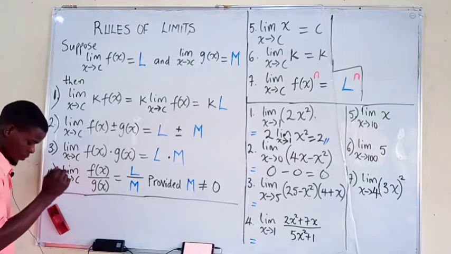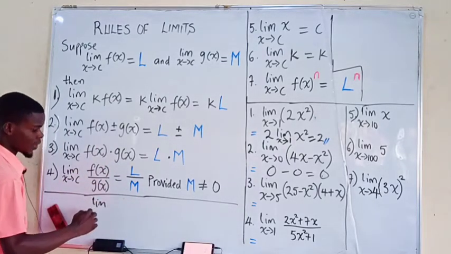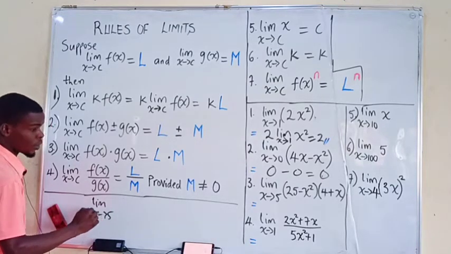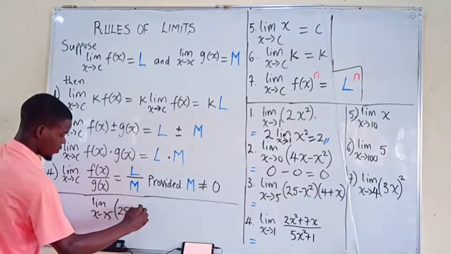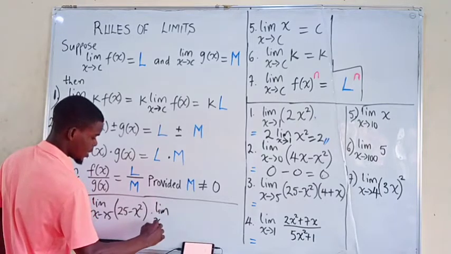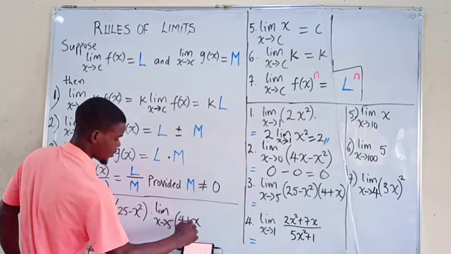The limit as x tends to 5 of 25 minus x squared times the limit as x tends to 5 of 4 plus x.